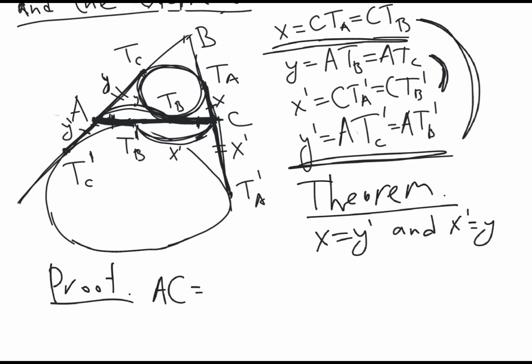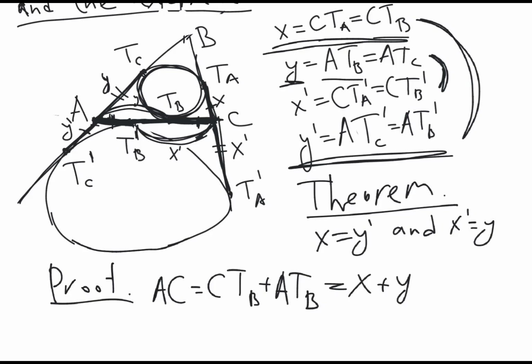So AC on the one hand is CTB plus ATB, and this is equal to X plus Y, because ATB is Y.